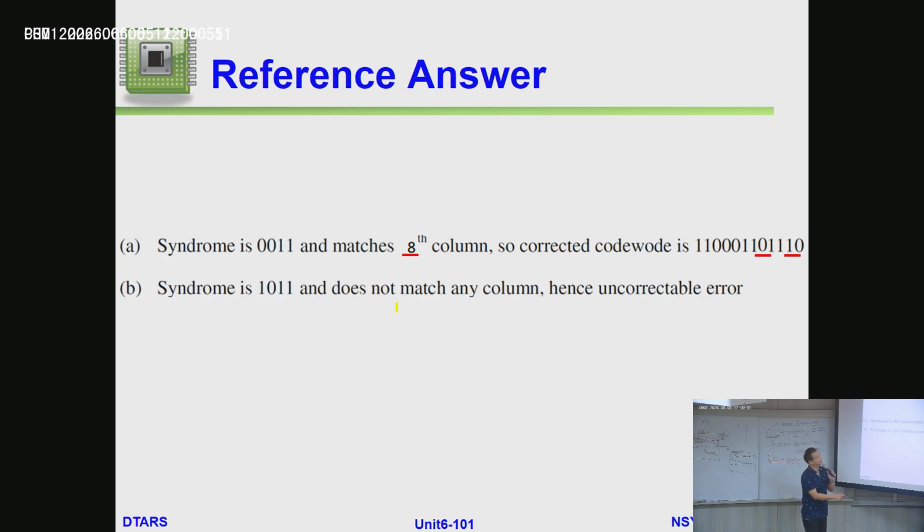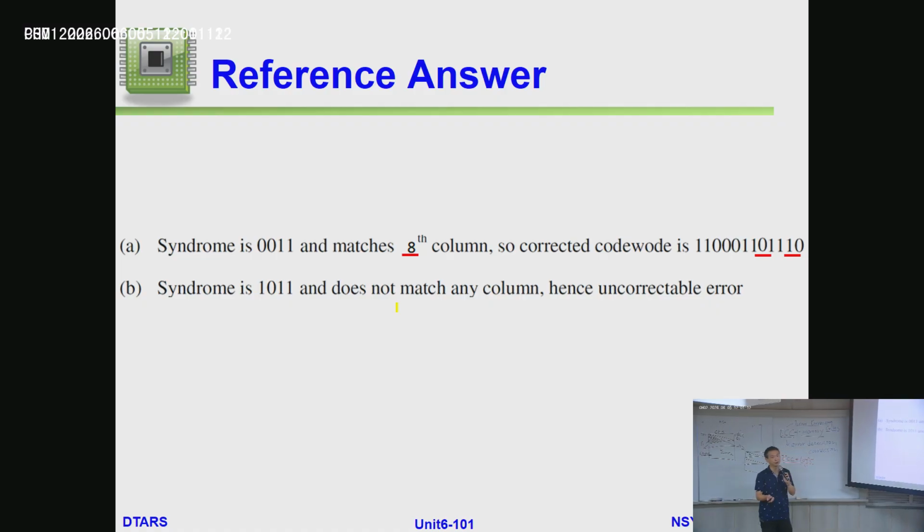So this is some limitation because you only have 3, 4, or 5 check bits. If we can have more check bits, maybe this error can also be corrected. However, because we only have limited check bits, we have this limitation.